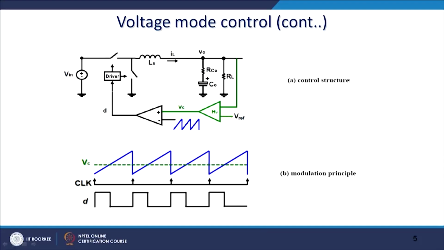You have VREF, and thereafter you compare with it, and this is basically the control structure. The PI controller has been incorporated here, and thereafter you will have a sawtooth wave, which will give you the pulses, and that pulse will run this MOSFET.